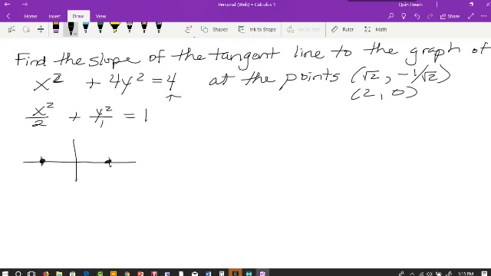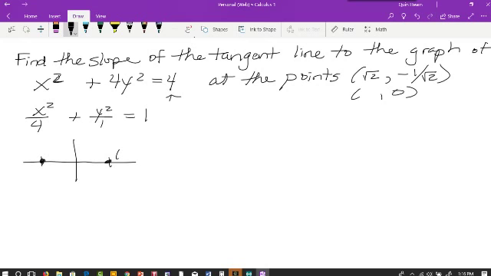goes through the points... oops, I think I wrote this one wrong. This is actually square root of 2, 0. Oh no, that was right. I made an error here. Hold on. It should have been a 4. So that was 2, 0.